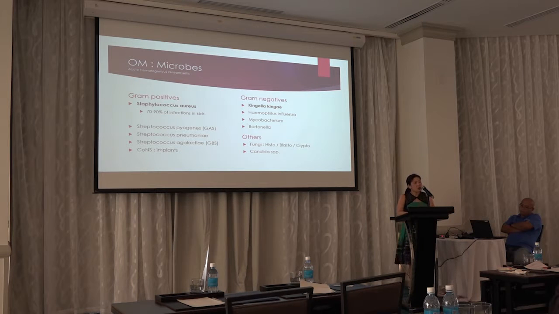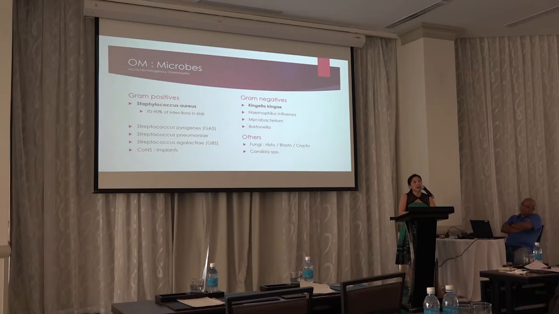But usually infections of the bone with coag-negative staphylococcus are most commonly seen in implants, when you have prosthetic material, because it tends to stick to that, and a subacute kind of infection, something brewing. For the gram-negative bacteria, Kingella kingae is a prime suspect, especially in kids.